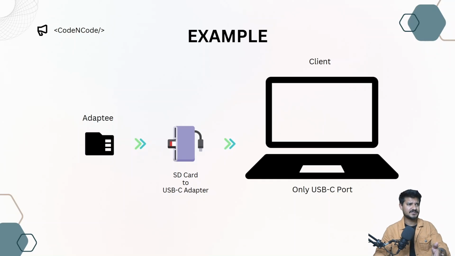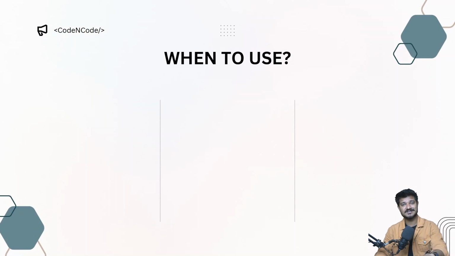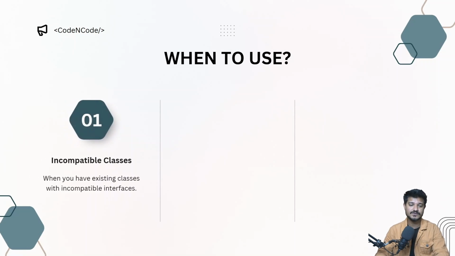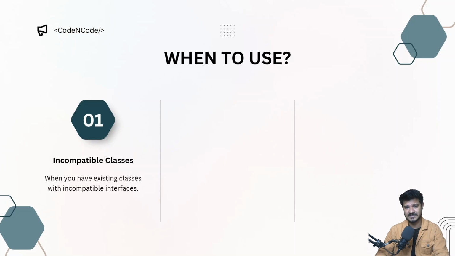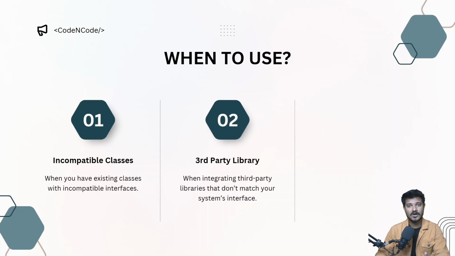There's one more example you can take. Let's understand it this way. When to use it: when your application has incompatible types, as we just discussed, or when you are going to implement a third party library which doesn't match your system's interface. For example, let's say you have created an application which takes in XML data and presents it to the user.